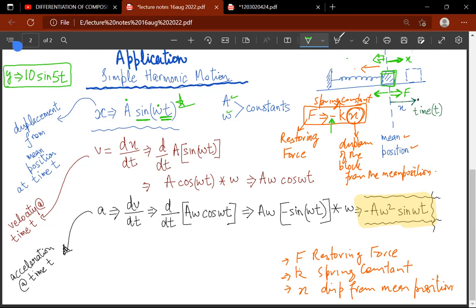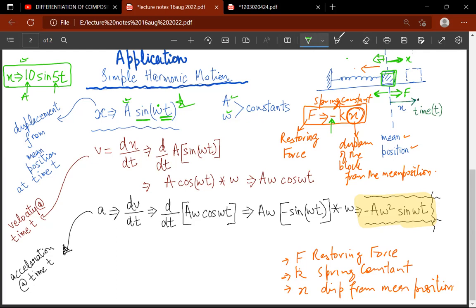Let me not confuse you further. Let me write it like this, and compare this equation with this equation. In simple words, I have a spring system where A is 10, omega is 5, and t is time.